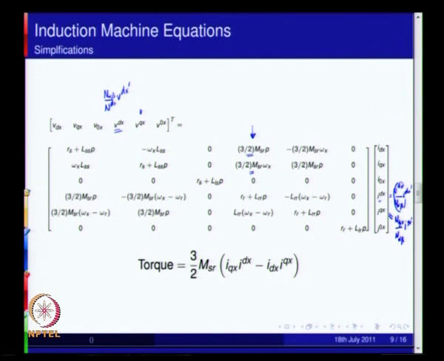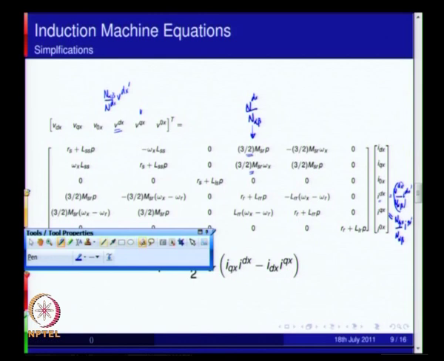Now instead of I dx you have n dx by n alpha beta into I dx dash, and therefore what we can do is this can now be multiplied by n dx by n alpha beta and relieve this term from here.